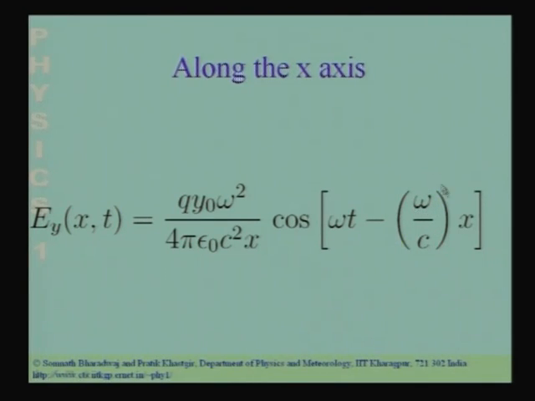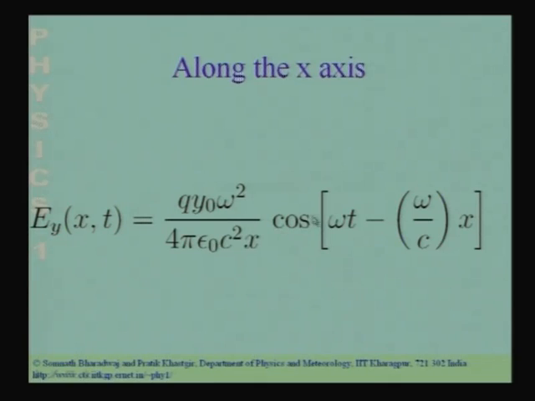Now, if omega by c is very large, then a small change in x will cause a large change in the phase. So, it will cause a large change in the argument of this cos term, and this change in the argument of the cos term may cause a significant oscillation.